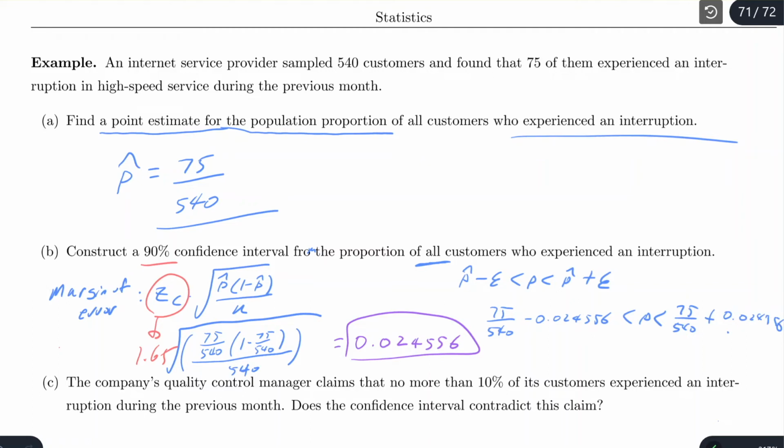So then as an answer, let's round to 3 decimals, I get 0.114, 0.163. So this is the final answer.